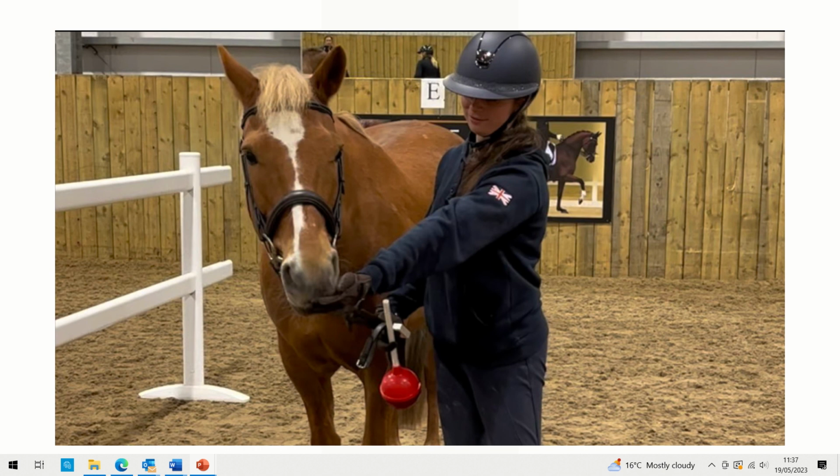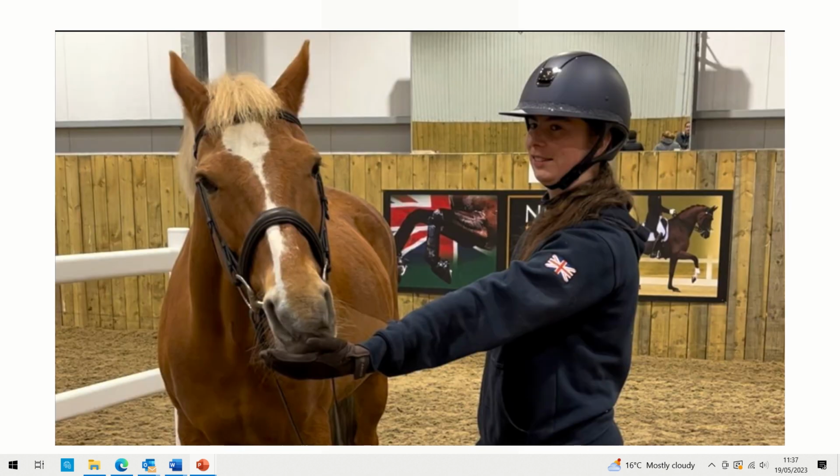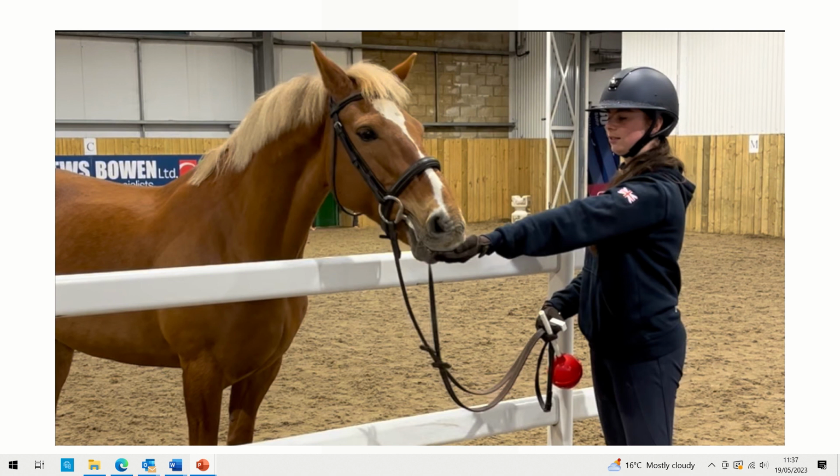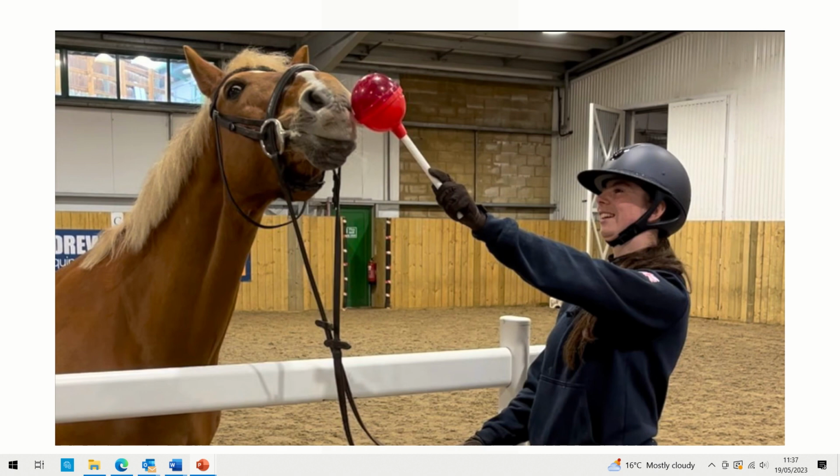So when rewarding with the positive reinforcement of pony nuts, I made sure that I tried to feed centrally, so I'd put my hand out in front and make sure that his head was centered and not mugging me. We used two different types of targets.